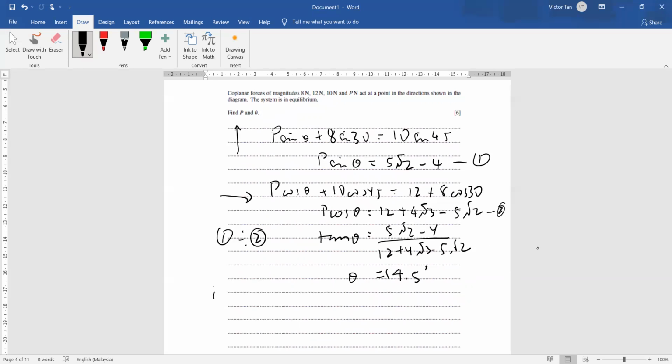Okay, now if I take equation 1 squared plus equation 2 squared, it will be P sine squared theta plus P cos squared theta, which will be P squared, equals (5√2 minus 4) squared plus (12 plus 4√3 minus 5√2) squared.